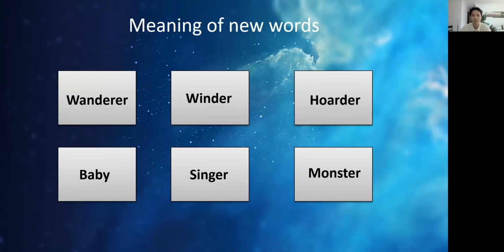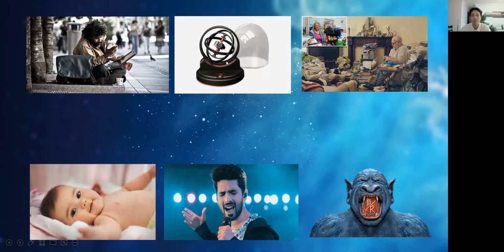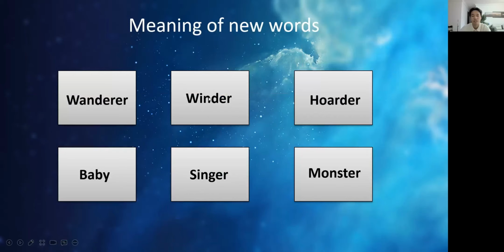The second picture means a winder. Winder means a lot of lines, a man who is good at lines.